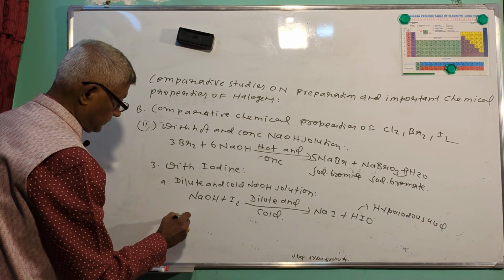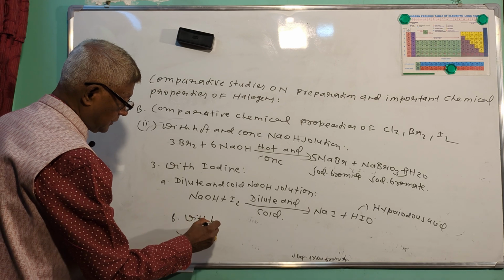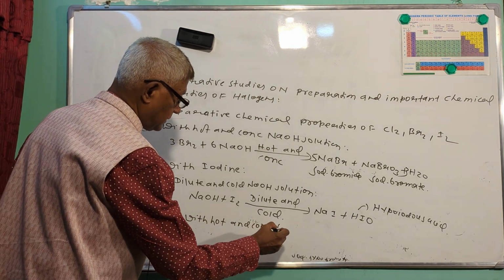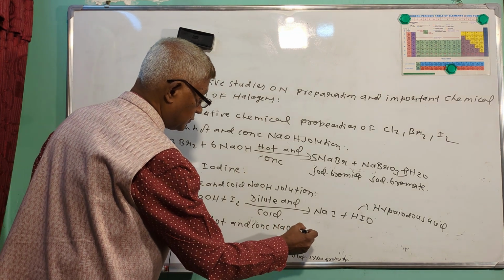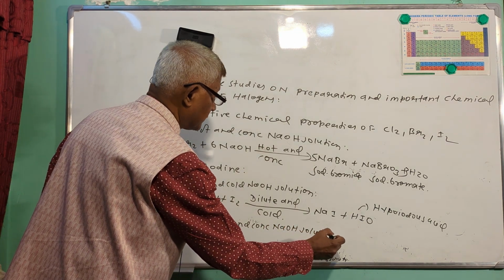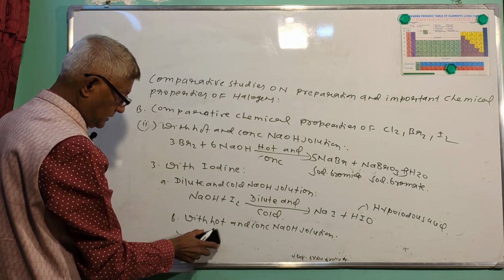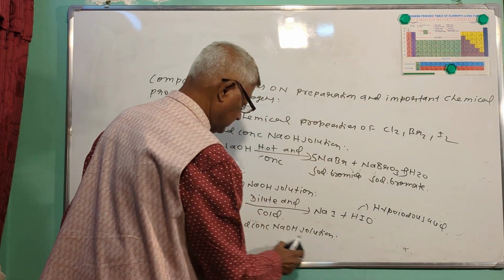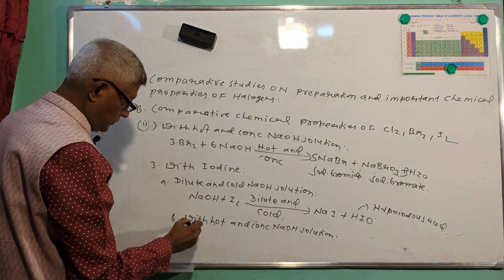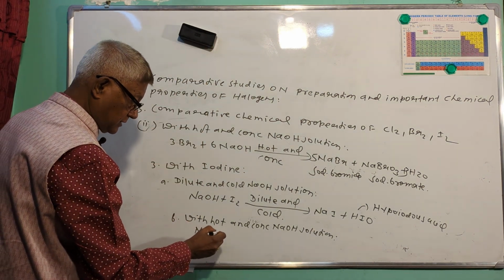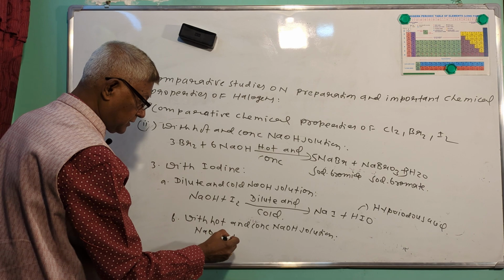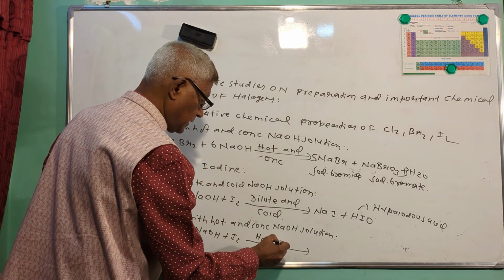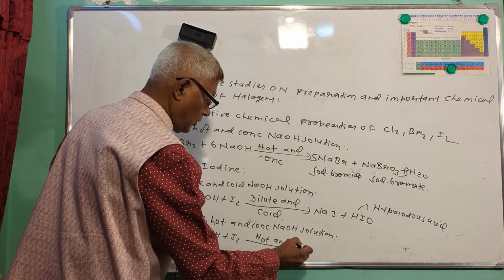Then with hot and concentrated sodium hydroxide solution. So the reaction is like this. So what to say? Same reaction. NaOH plus I2. Condition is hot and conc. So what do we have?